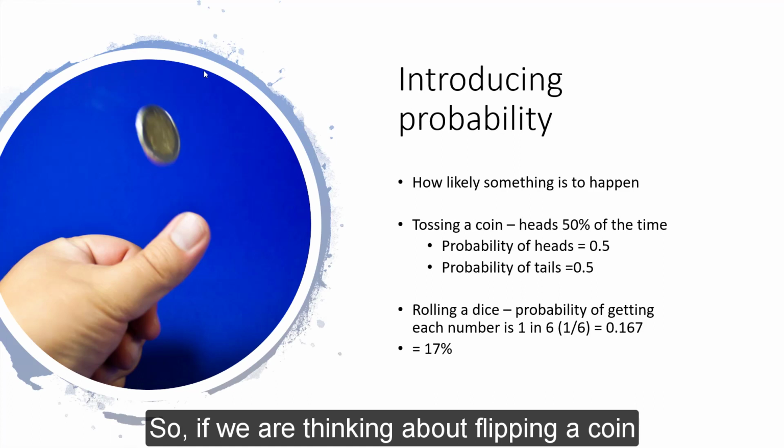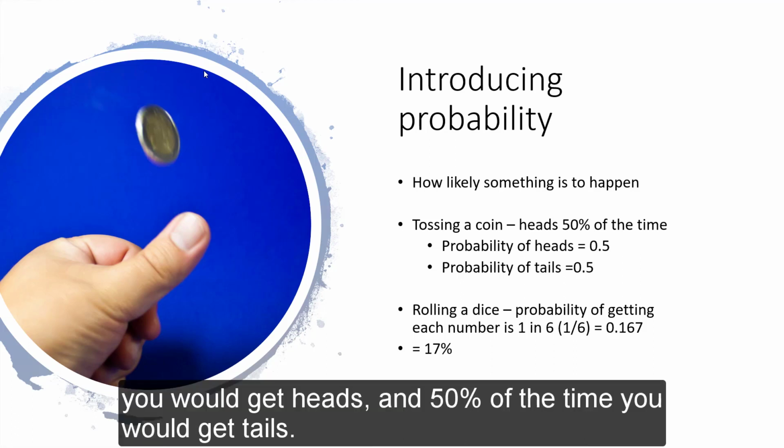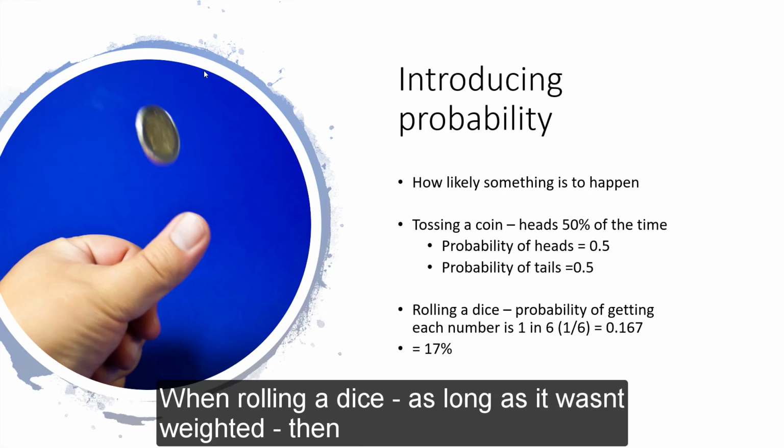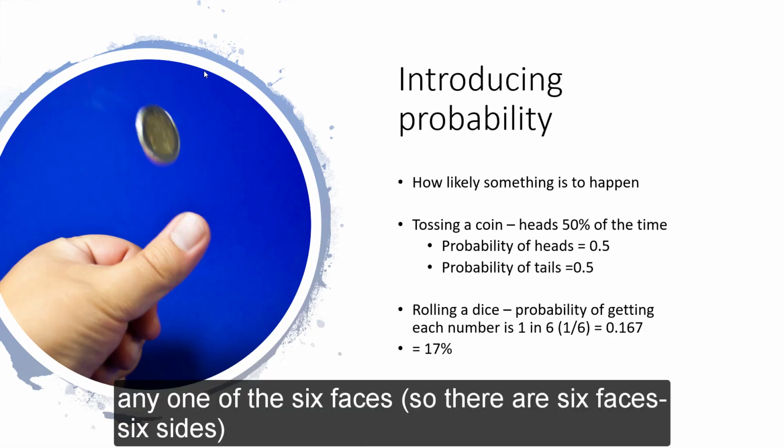So if we were thinking about flipping a coin, we would look at tossing the coin. There are 2 outcomes possible, heads or tails. So 50% of the time you would get heads, 50% of the time you would get tails. In rolling a dice, as long as it's not weighted, you would have a probability of getting any one of the 6 faces.